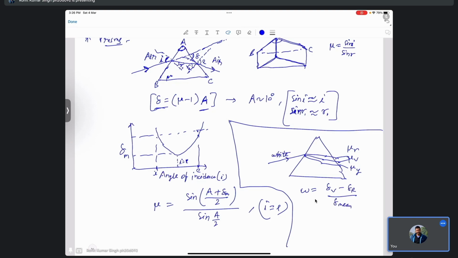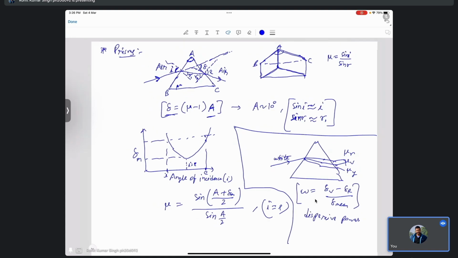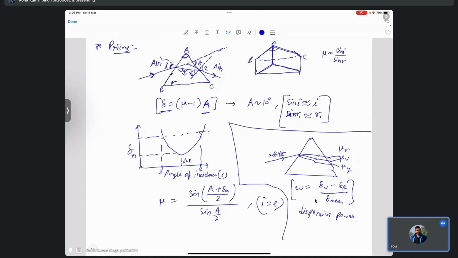This is the dispersive power of a prism: how much it can deviate a violet ray with respect to the red ray. So this formula will also be used in a problem. When you do the problem, you will understand more how we can use it.